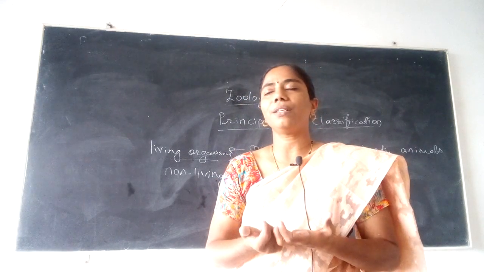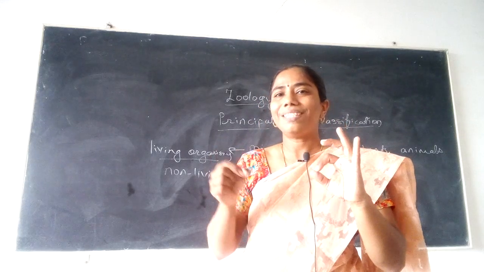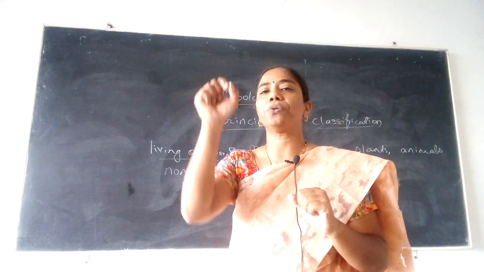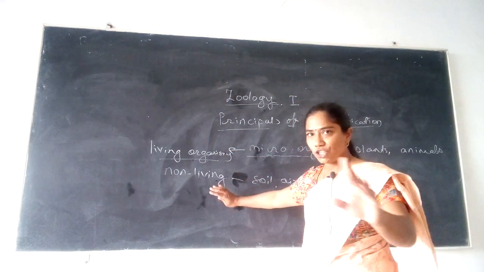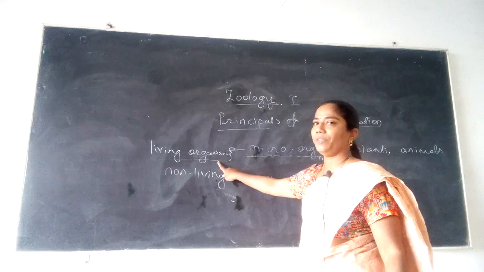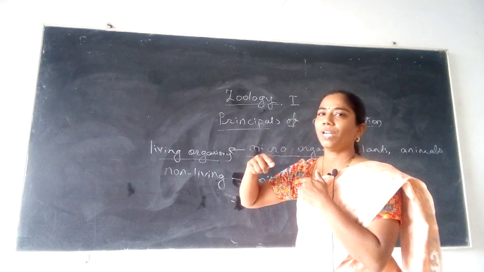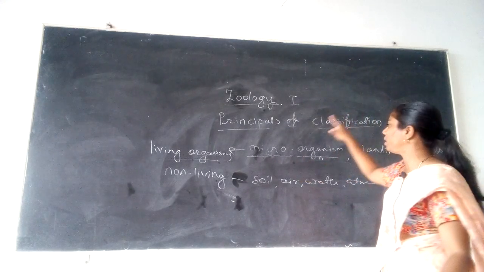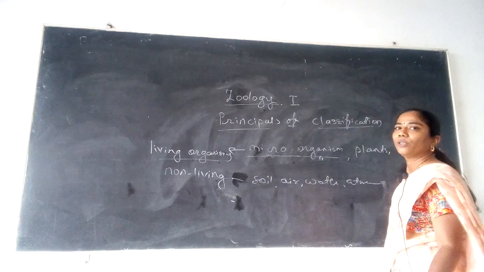So these are certain characters. Just try to understand character. On the basis of characters we differentiate things, initially into non-living and living organisms. And if they are living organisms, the next step is to think whether it fits in the group of microorganisms, or in the group of plants, or in the group of animals.